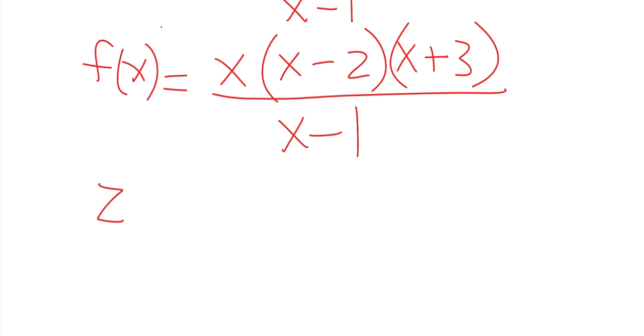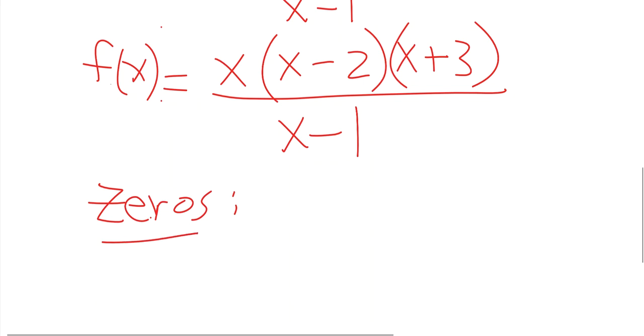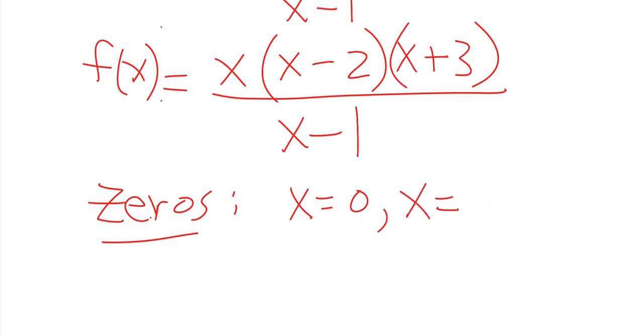This is the zeros of the function. Will be as follows. We're going to have x equal to 0, x equal to 2, or lastly, x equal to negative 3.